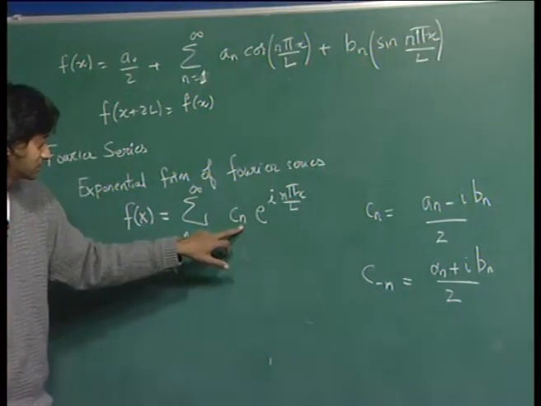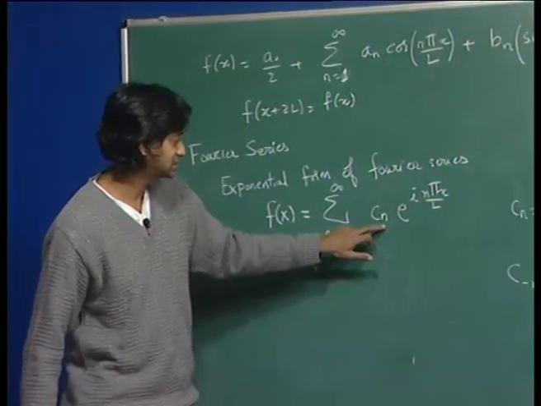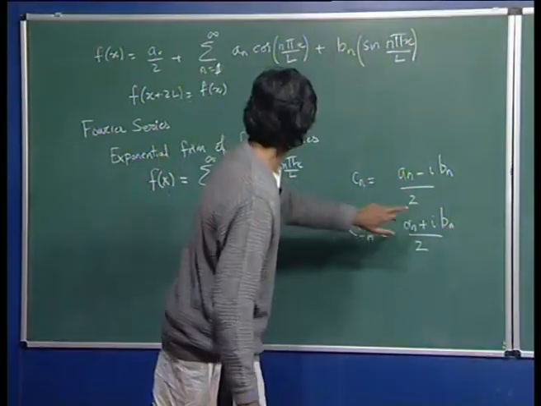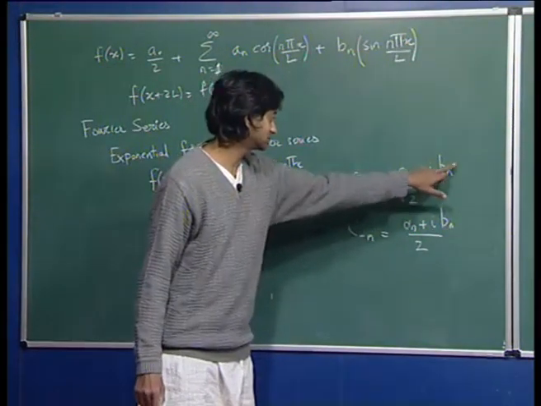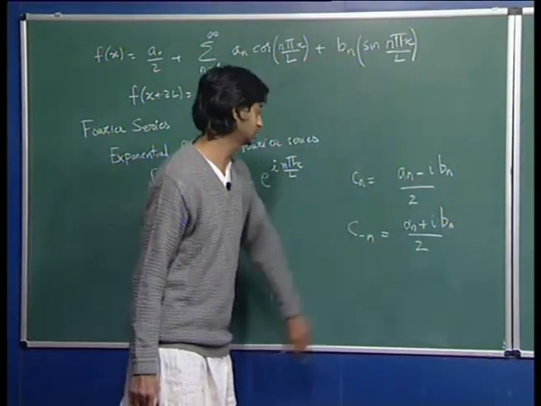So, C_0: you will find that C_0 is equal to a_0 by 2, because n equal to 0, so C_0 is a_0 minus b_0, which is 0, so a_0 by 2.